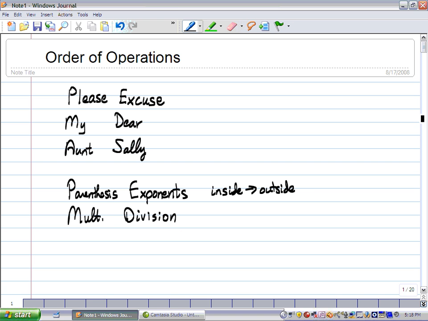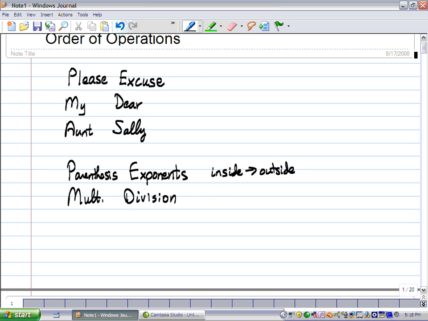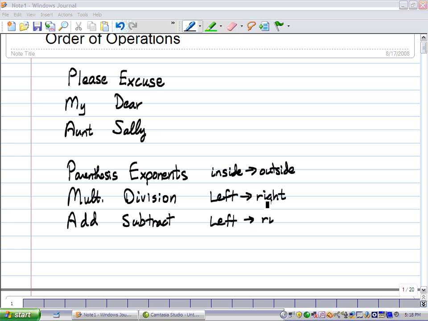This is a part that often people don't have, is that multiplication and division are on the same level from left to right. That means if division comes first, we do it first. If multiplication comes first, we do it first. And then after all of that's done, the last thing we do is the adding and the subtracting, and we do that from left to right as well.